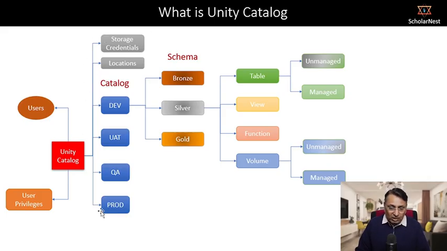So all these things that you see here on the right side of the Unity Catalog Meta Store can be secured and they allow fine-grained access control. What it means is you can grant permissions on all these types of objects from the Unity Catalog itself. For granting permissions, you will simply use the SQL grant command.